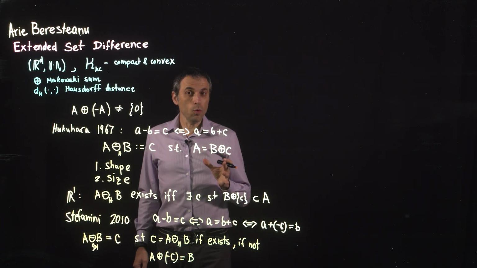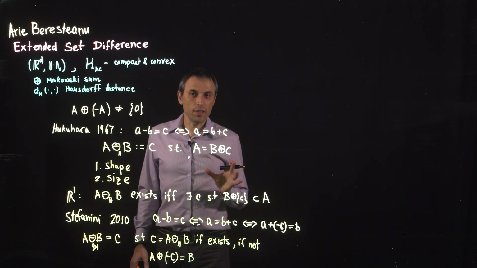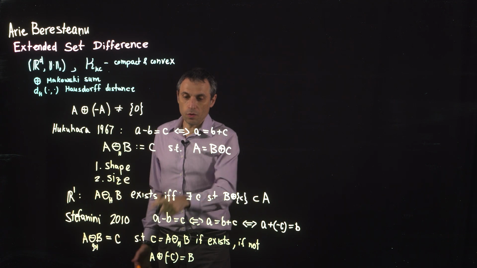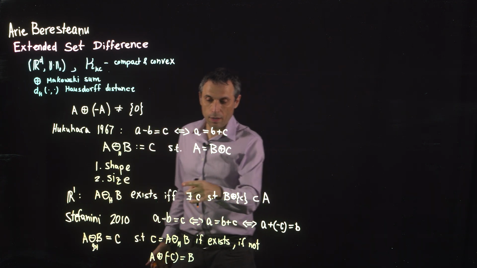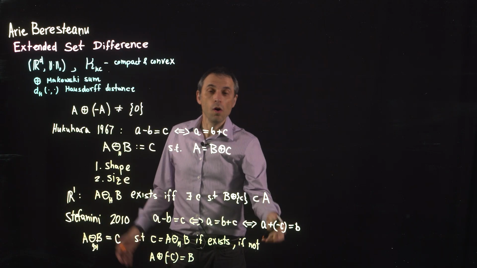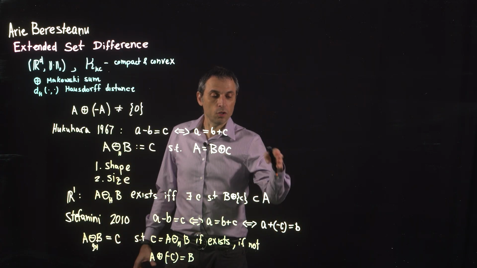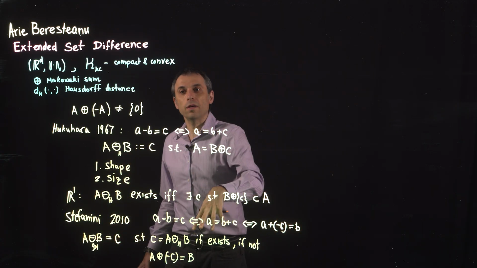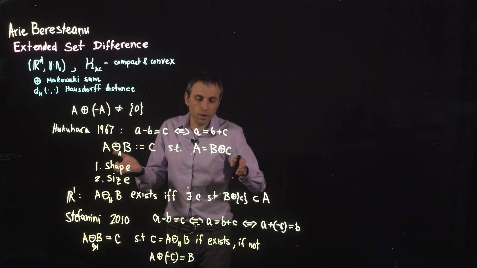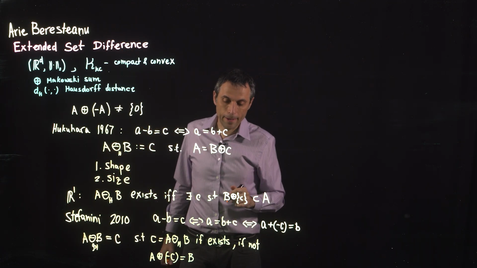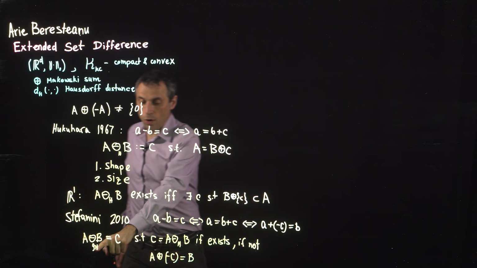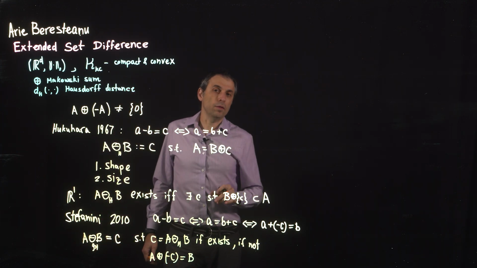Now, in R1, this finally exists, because in R1, either there exists a number C such that B plus that number comes into A, or there exists a C such that if you add it to A, it will be included in B, one of the two. Or they will exactly overlap, which is okay as well. So the Stefanini generalized Okuhara difference exists in R1.